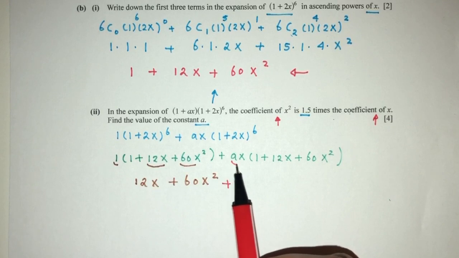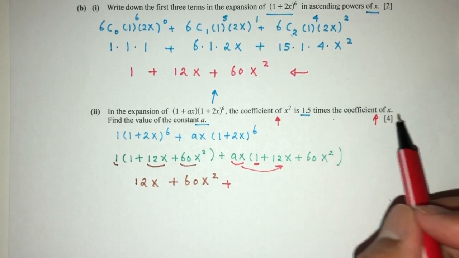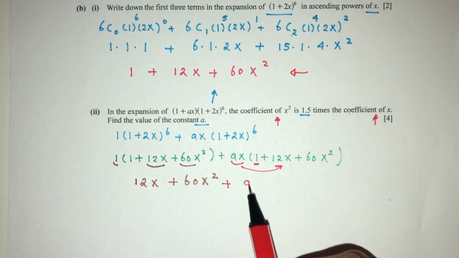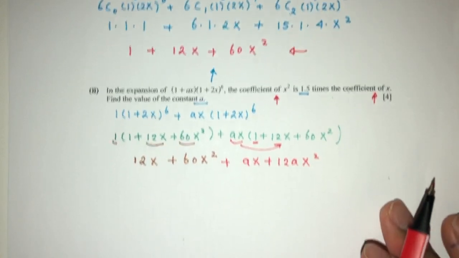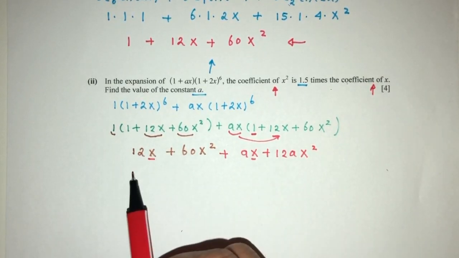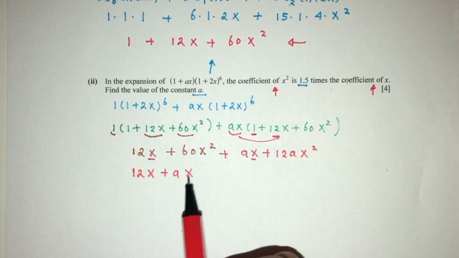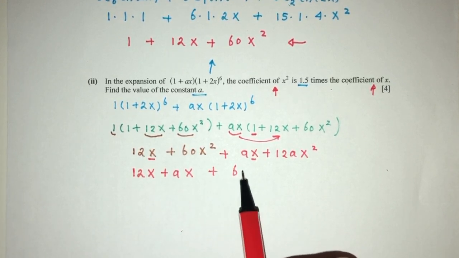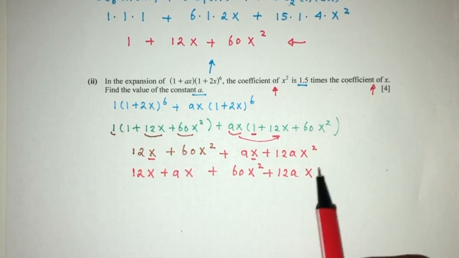Here we have this, we need to multiply by this and multiply by this, because we need x and x squared. That will be ax plus 12ax squared. Now simplify, what do you have? Here we have x, combine them together, you will have 12x plus ax. Then here we have plus 60x squared plus 12ax squared.